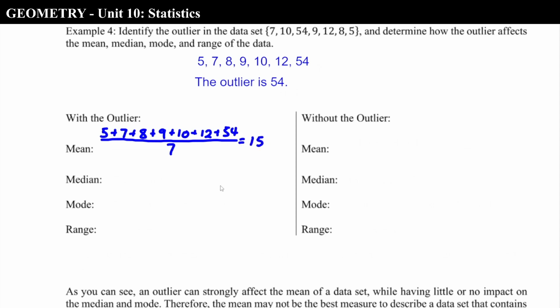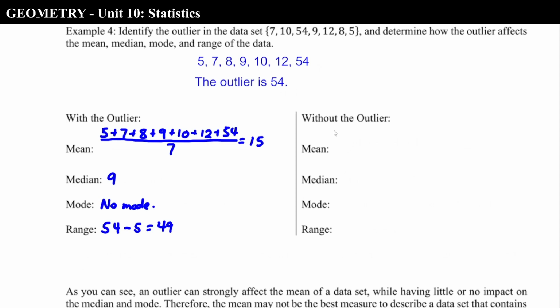So our mean is 15. The median here, since we have 7 pieces of data, we just pick the middle one. The median is 9. The mode, well, since every value only occurs once, there is no mode. And the range, if we do 54 minus 5, our data range is 49.